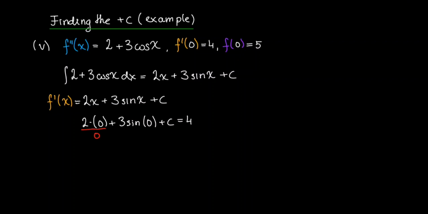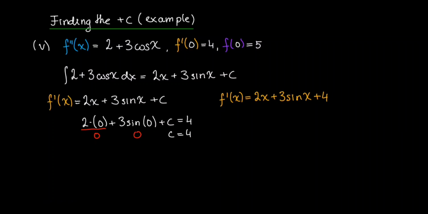Now 2 times 0 is simply 0. Sine of 0 is once again just 0, and times 3, it is still 0. And plus c is going to be 4. So this tells us that c equals 4. That means our renewed first derivative expression is going to be 2x plus 3 sine of x, and at the end, plus 4.